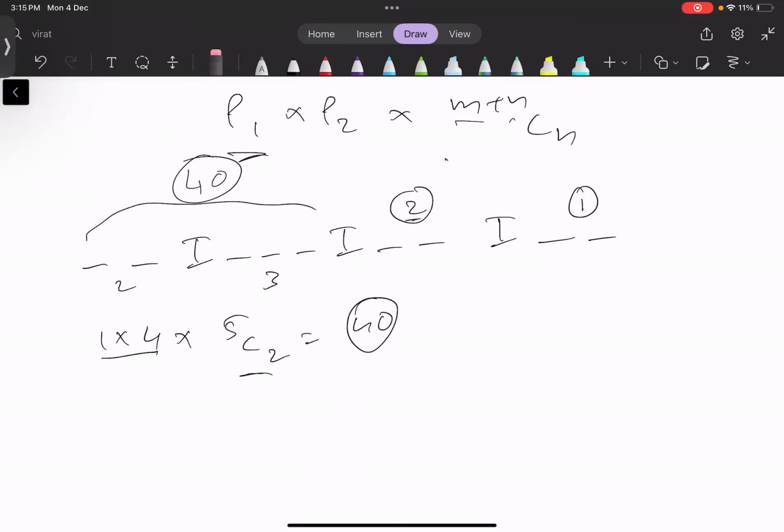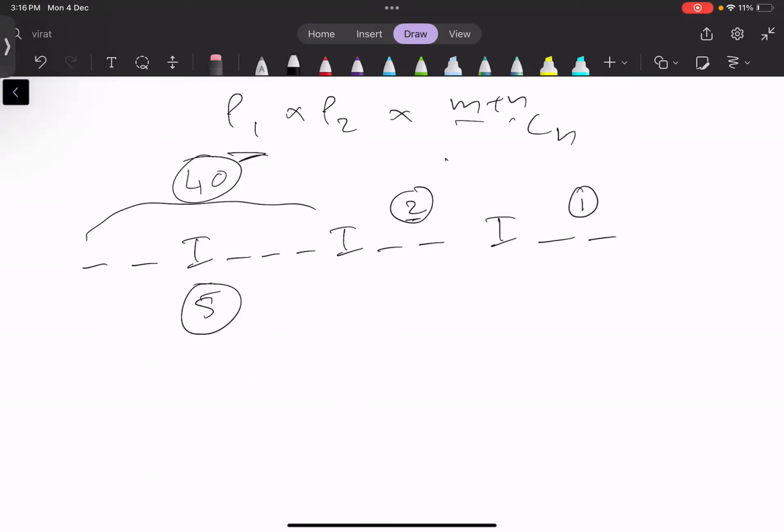And the new length will basically be the addition of these both. So instead of writing 2 and 3, we can just write 5. Right? So basically, this is like a length 5, and the number of possibilities is 40.